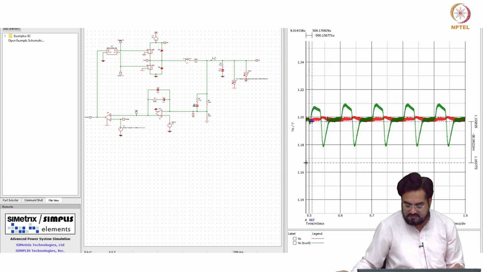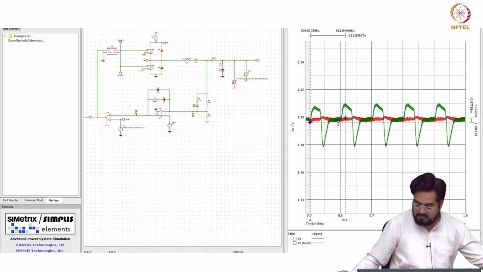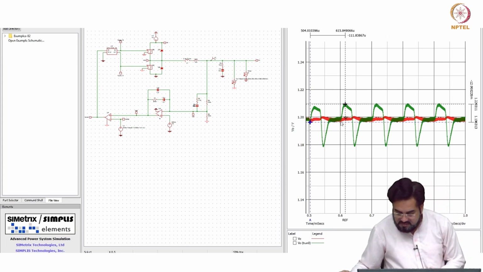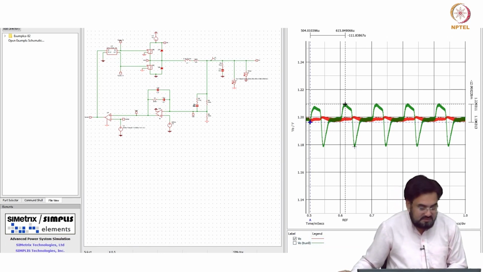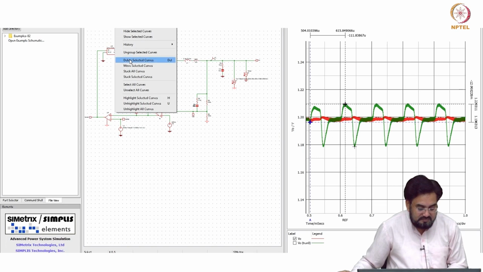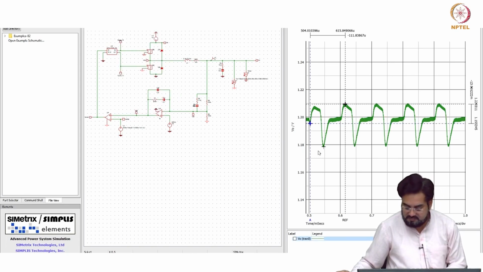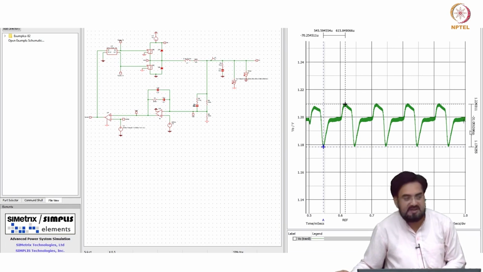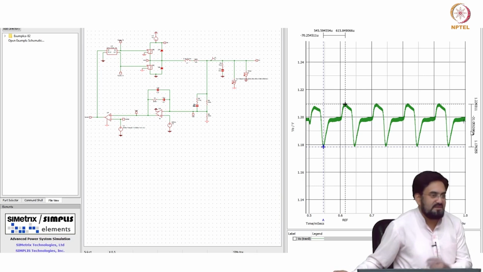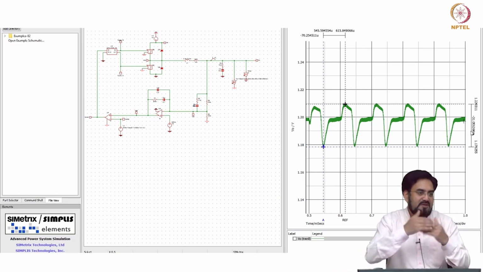Anyway, let me delete this one. 30 millivolt. Okay. In the previous case, it was very comparable to your ripple.